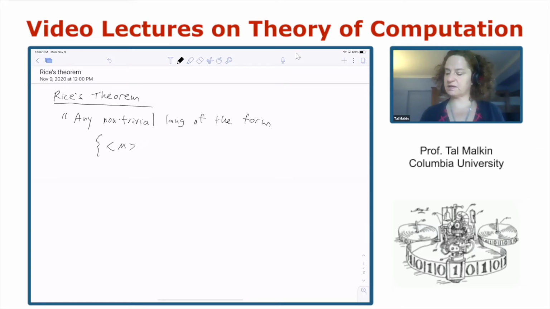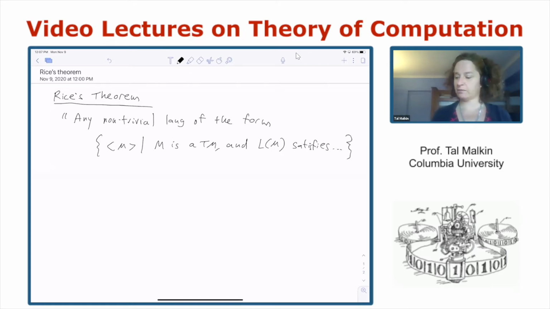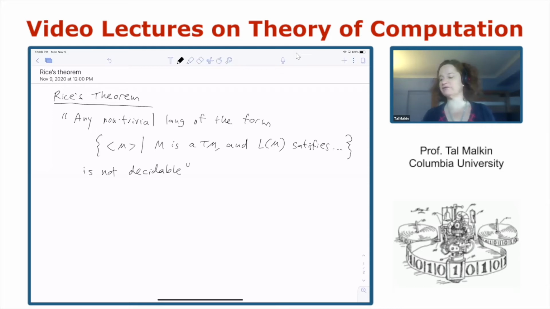If the language is the set of all Turing machines M, such that M is a Turing machine and L of M satisfies some property, any language of this form is not decidable. Okay, this is roughly what the theorem says. Now I will define what it means to be non-trivial, and then we will prove this theorem.